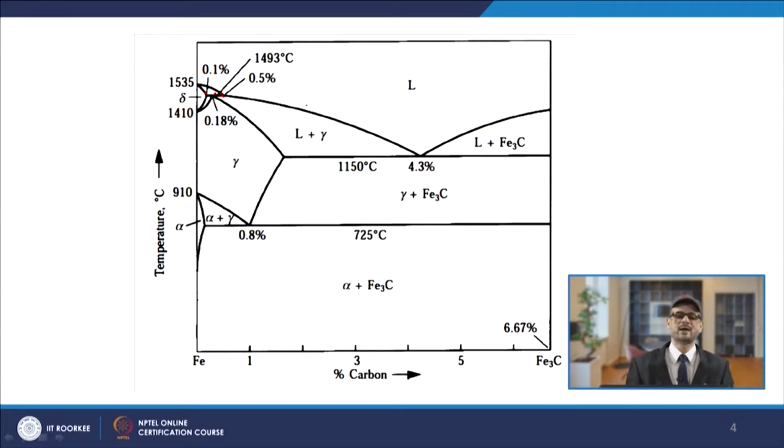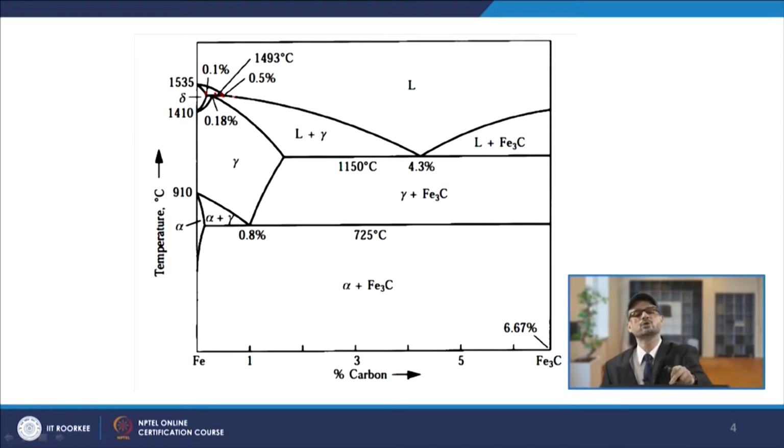So, you have to find gamma. Now, for gamma, since gamma is on this boundary, the gamma percentage will be for the distance from 0.2% to 0.5%, and that will be with respect to 0.5 minus 0.18.